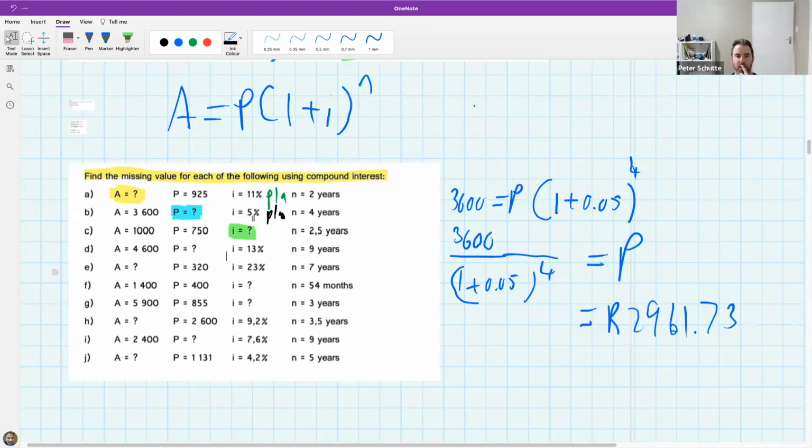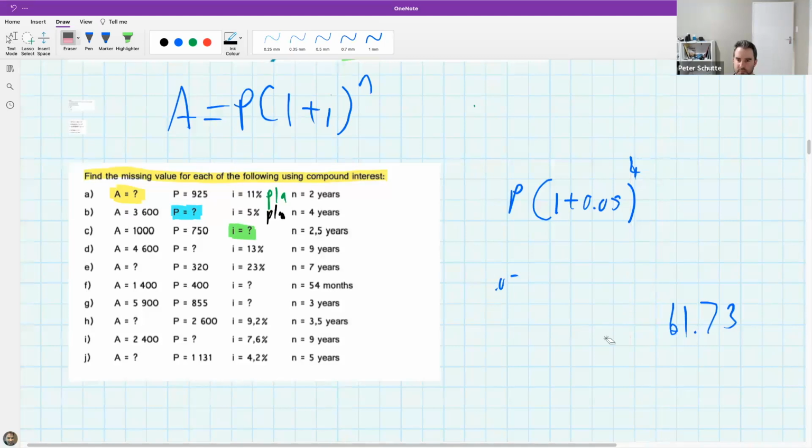Can you get the third one? Can you find me the interest rate? If the initial value was 750, the final value was 1,000. Can you figure that one out for me?